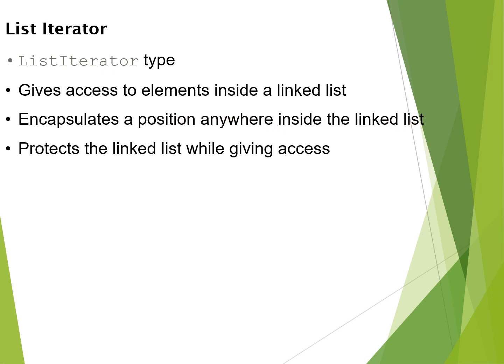So whenever we are dealing with the list iterator, we need to know that it points to a position inside the linked list. We don't know where, but we can trace the position of a list iterator if we look at the program from beginning to the end. I'm going to show you different examples in this lecture.